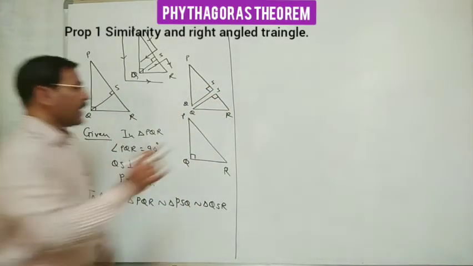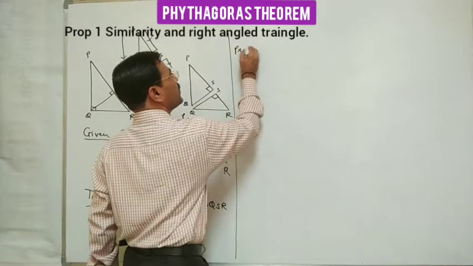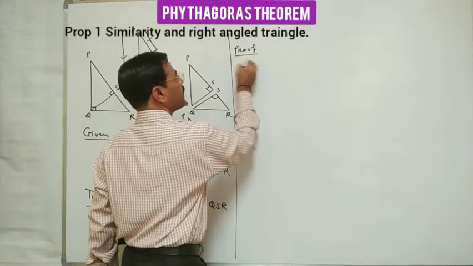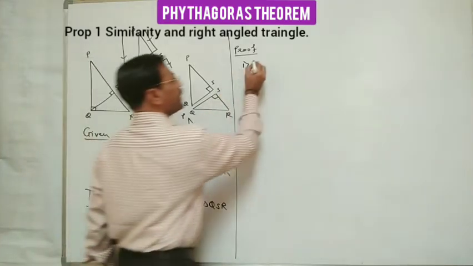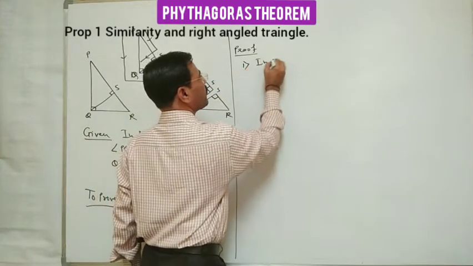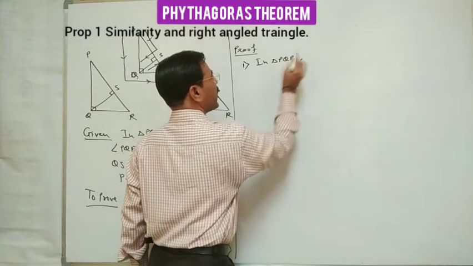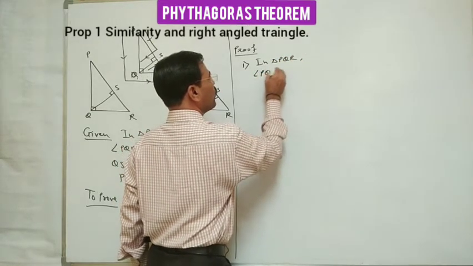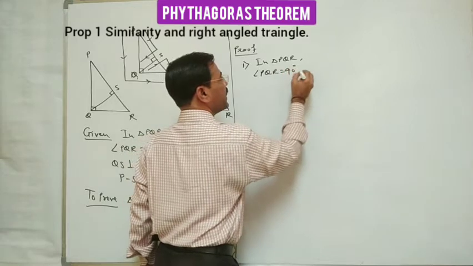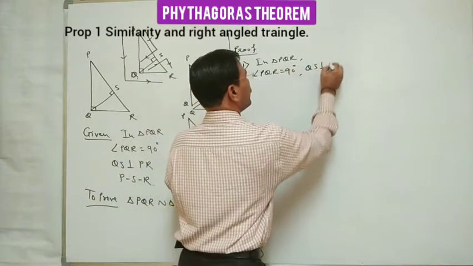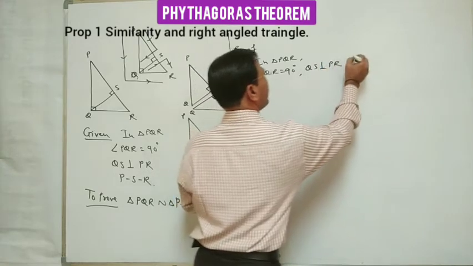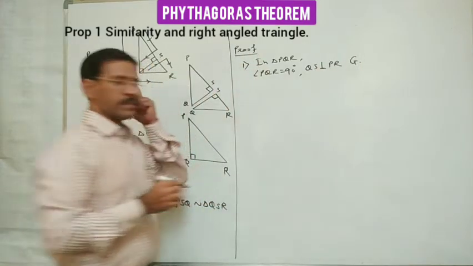So first I'll write the proof part. The given part first. In triangle PQR, angle PQR is 90 degrees, and QS is perpendicular to PR. This is everything that was given to us.